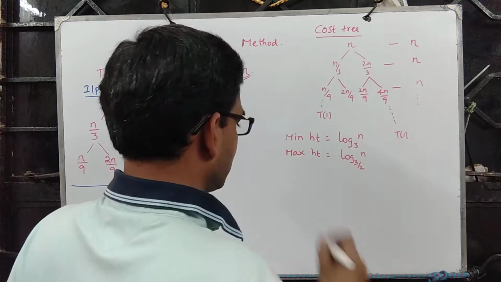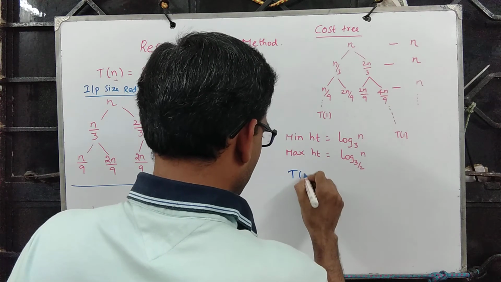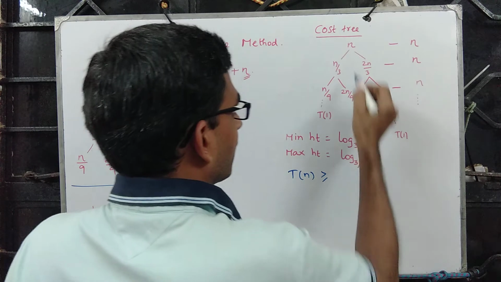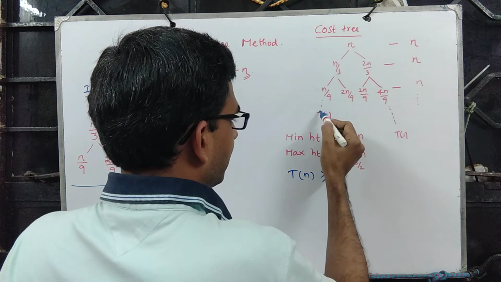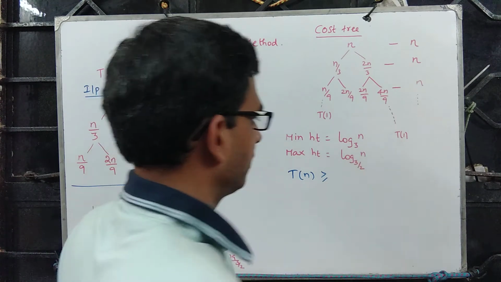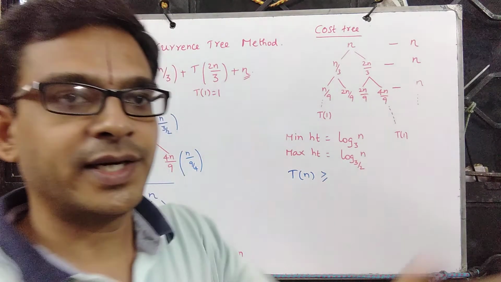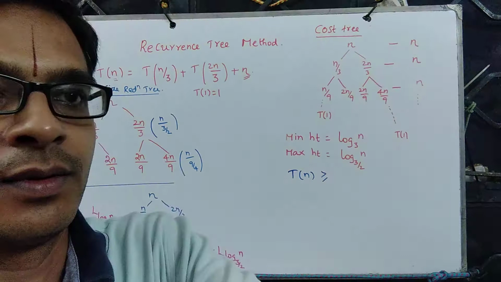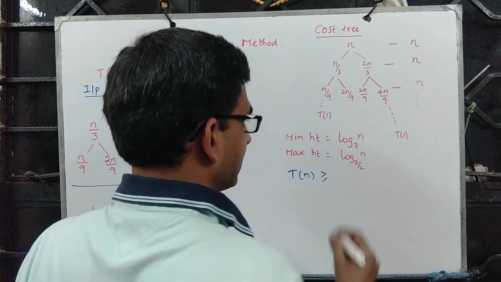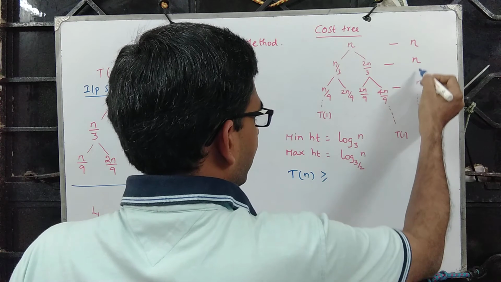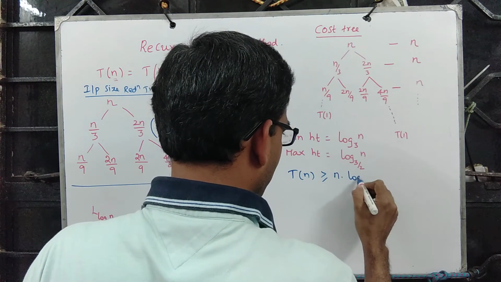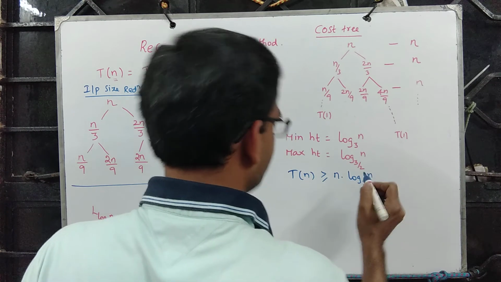Which means T of n is at least, you get to see T of 1 here at what level? Log n base 3. So which means one can write omega notation. So that shows that T of n is at least, you get to see n from each of this. So it is n into log n base 3.